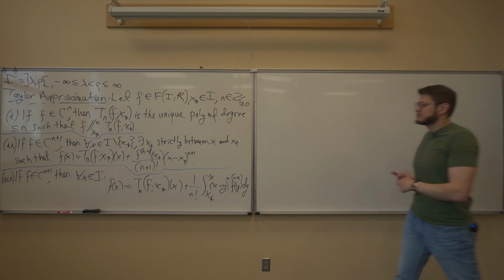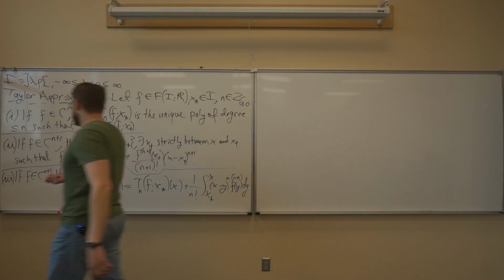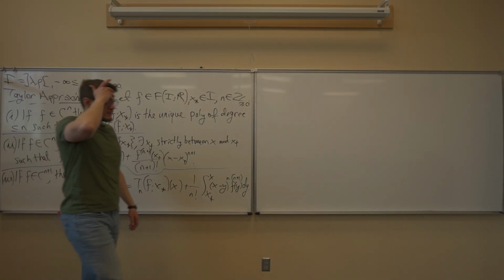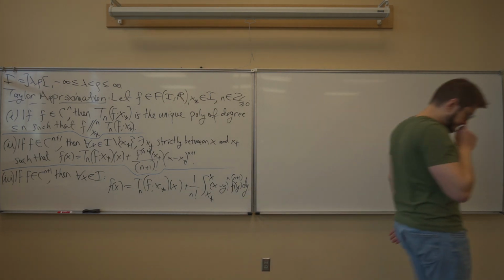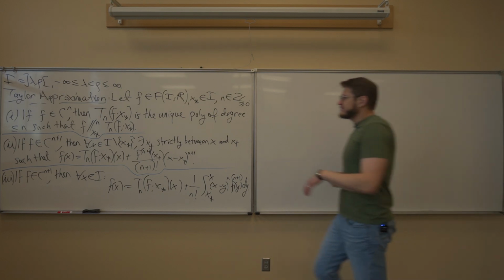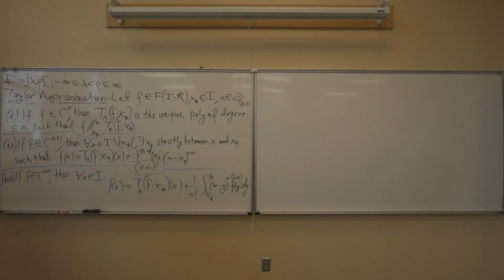It doesn't really say much. Item 2 says something basically equivalent to the mean value theorem. And item 3 says something equivalent to the first fundamental theorem of calculus. The point of Taylor approximation is that it incorporates all of these ideas so that you get to use higher order derivatives also.